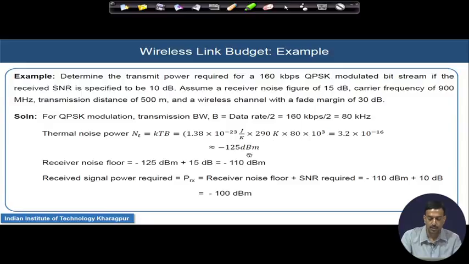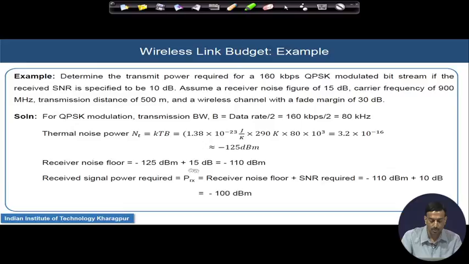So it turns out that the noise is minus 125 dBm. We have a receiver noise floor therefore of minus 125 dBm plus the noise figure in the receiver. So the total noise at the receiver is minus 110 dBm, and we need a signal power which will be above this noise floor if reliable detection has to be done.